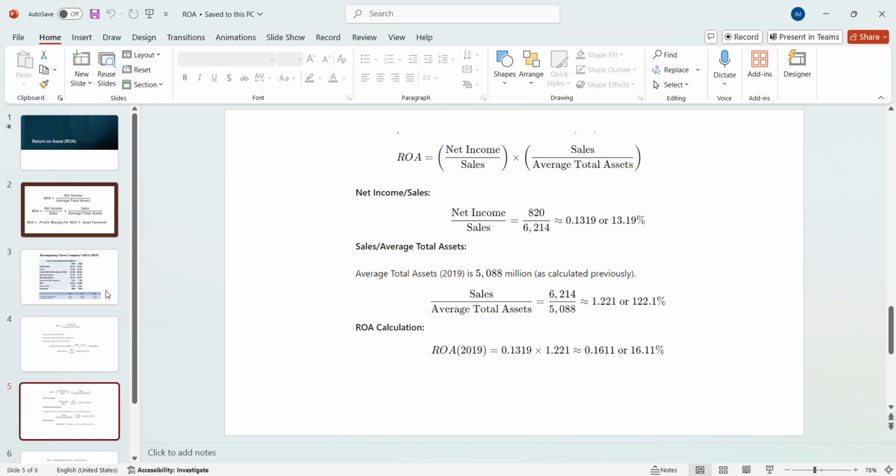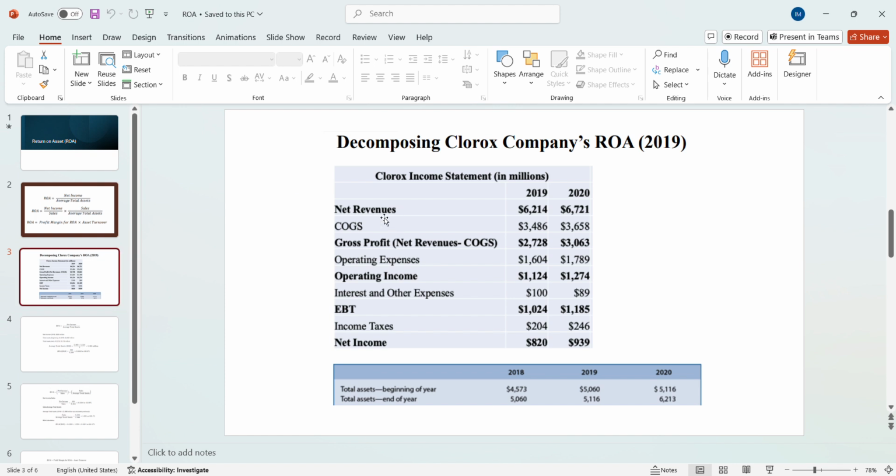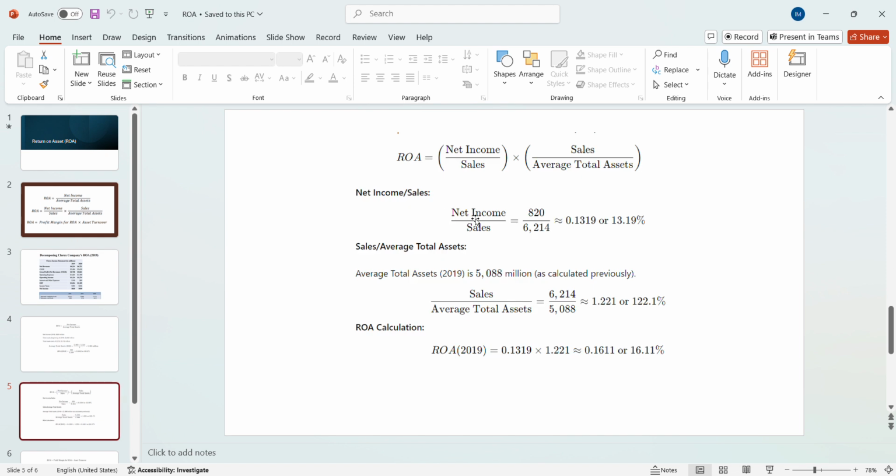For the sales we know net revenue is basically the sales, so we can use this value, 6,214. This will be our sales value, and we already calculated average total assets. We just insert that value here, and we have net income, we have sales. Now we can easily calculate return on asset.